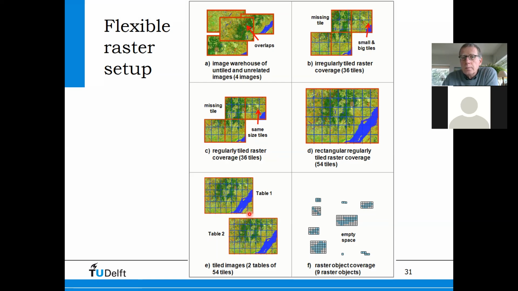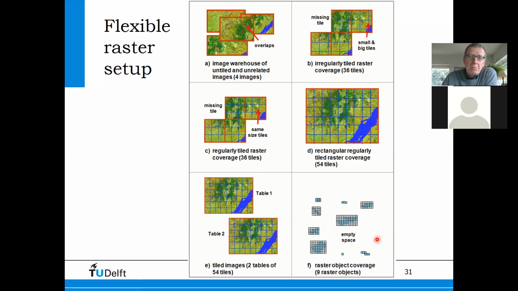So that's possible. Because it's a different type of information or a different date, you store it in a different table. But if you want, you could also store this overlapping. It gets messy, like over here, but it's possible and allowed.